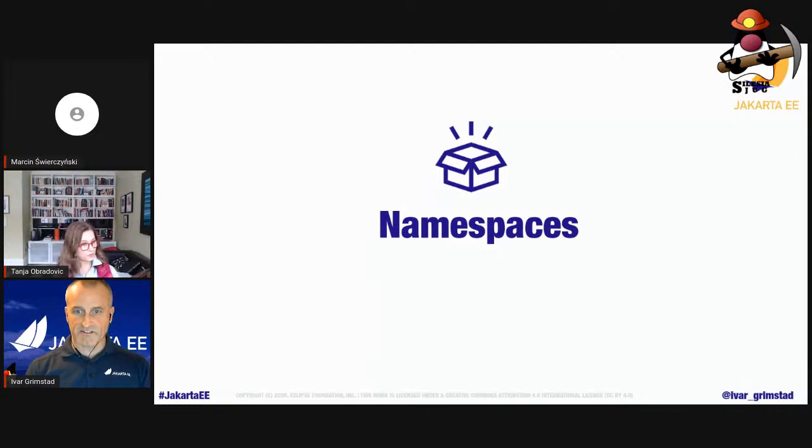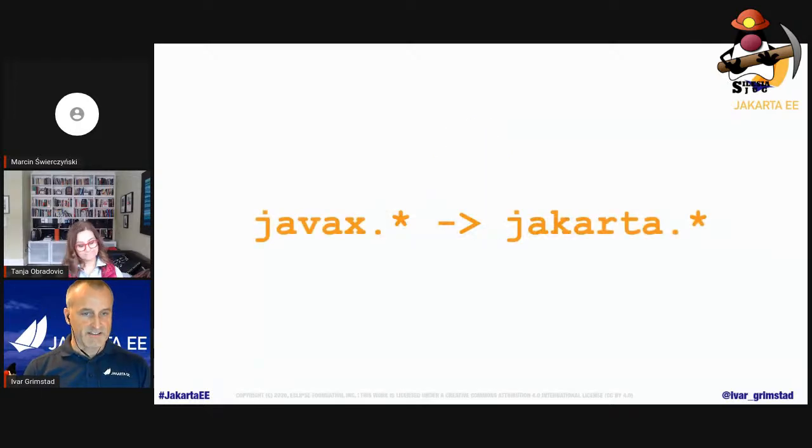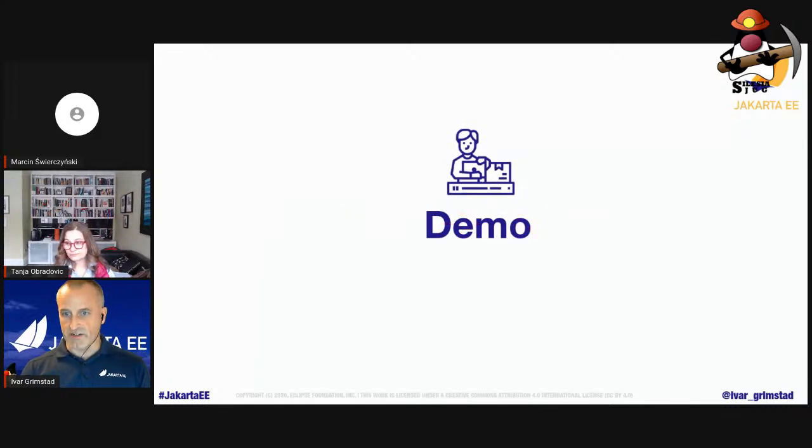Yeah, let's talk namespaces and see what we can figure out there. So the big thing is that the javax stuff is now called Jakarta something, and this applies to code and properties and files and everything. So I think rather than talking about this, a demo is good here.